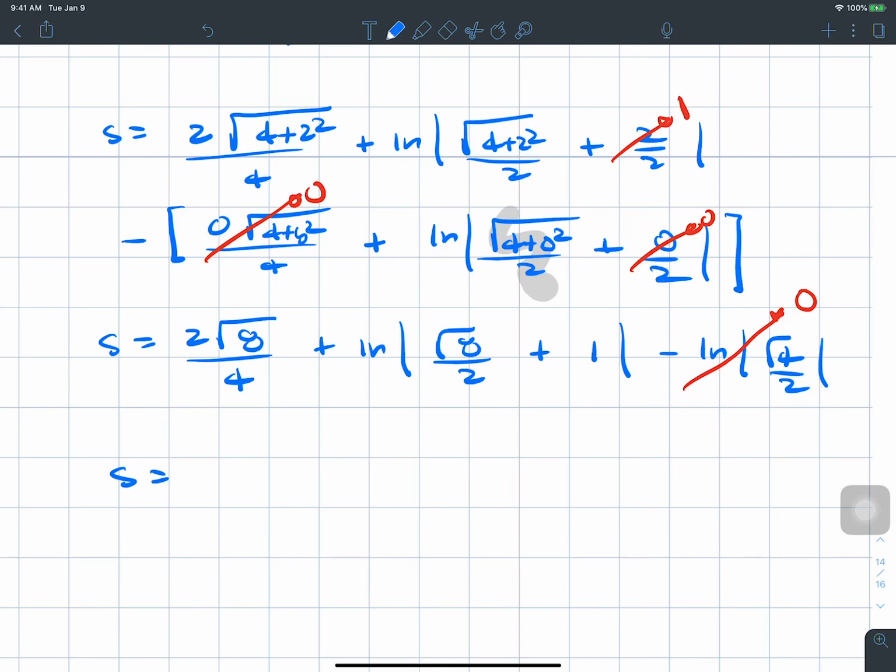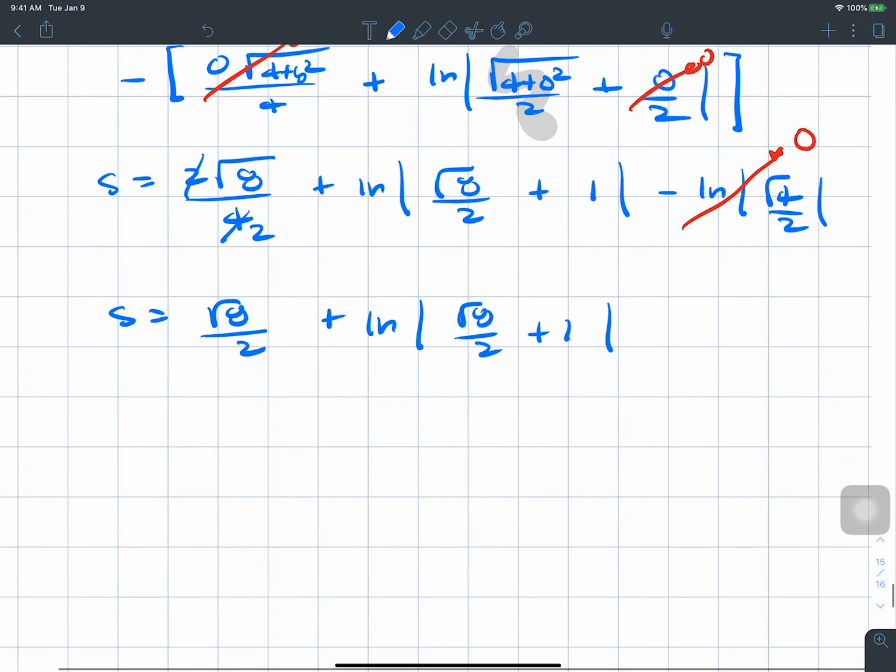So we have an arc length here of the square root of 8 over 2 if we simplify here, plus natural log, absolute value of square root of 8 over 2 plus 1 here. Now let's do some simplification here. If you guys know, the square root of 8 is the square root of 4 times 2, which is 2 square root of 2.